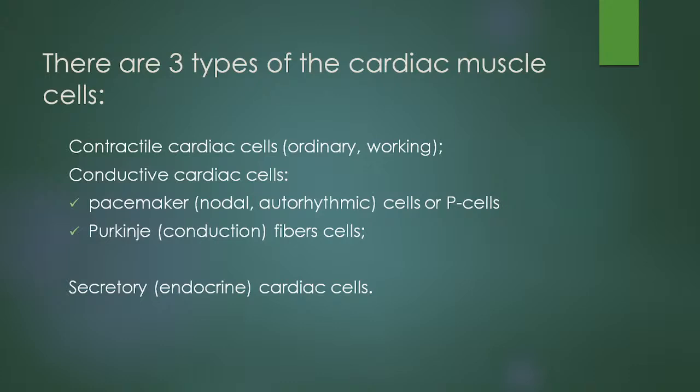And the next type, Purkinje or conduction fiber cells, form the atrioventricular bundle of the heart. Purkinje fibers are modified cardiac muscle cells found in the subendocardium of the ventricles.